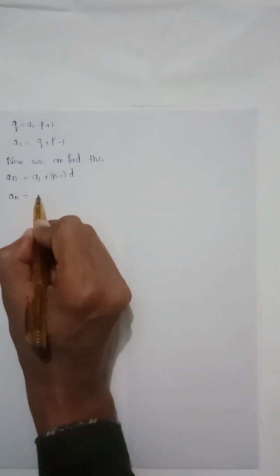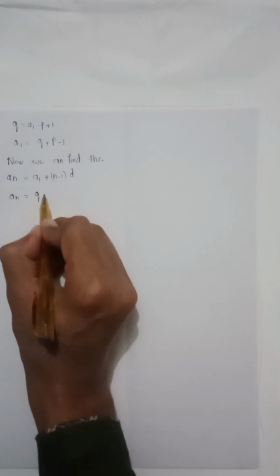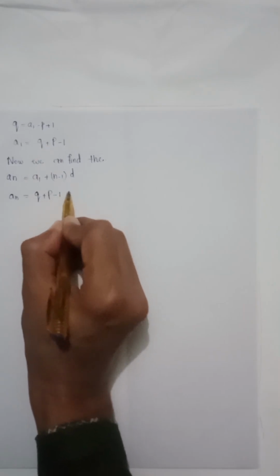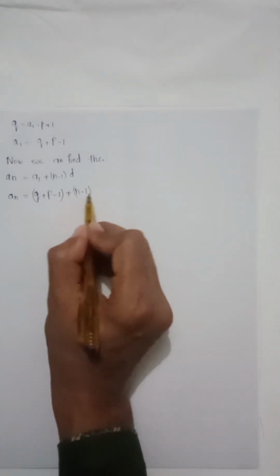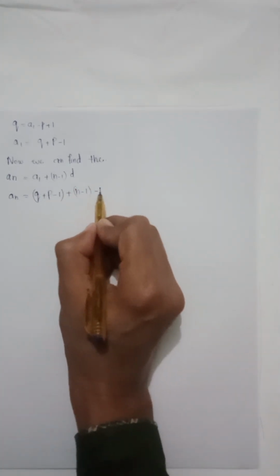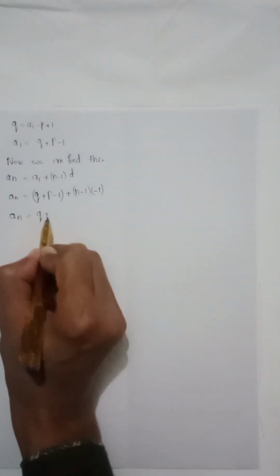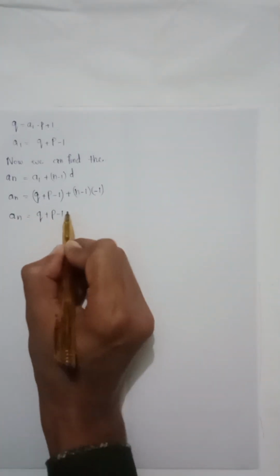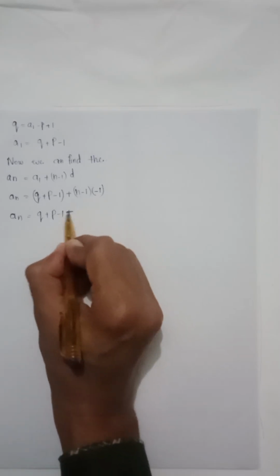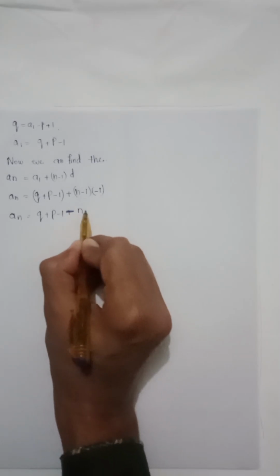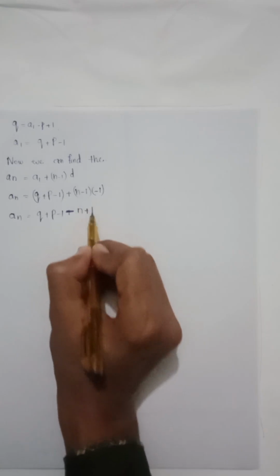An equals, putting the value of a1 here, q plus p minus 1 plus (n minus 1) into minus 1. An equals q plus p minus 1 plus, this plus minus becomes a minus n, and this minus becomes the plus.